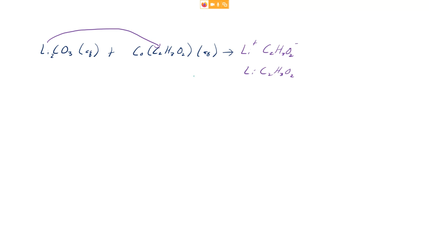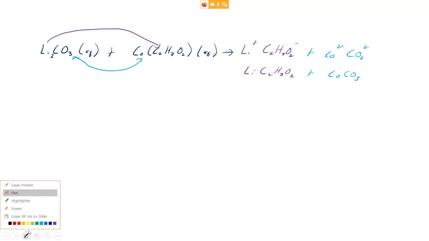And the cobalt goes with the carbonate, but if it's on the left-hand side of the molecule here, it's going to be on the left-hand side on the other side. So it's Co, and that was a 2+, and CO3 is a 2-. So that becomes CoCO3. Okay. And then I need to balance it.